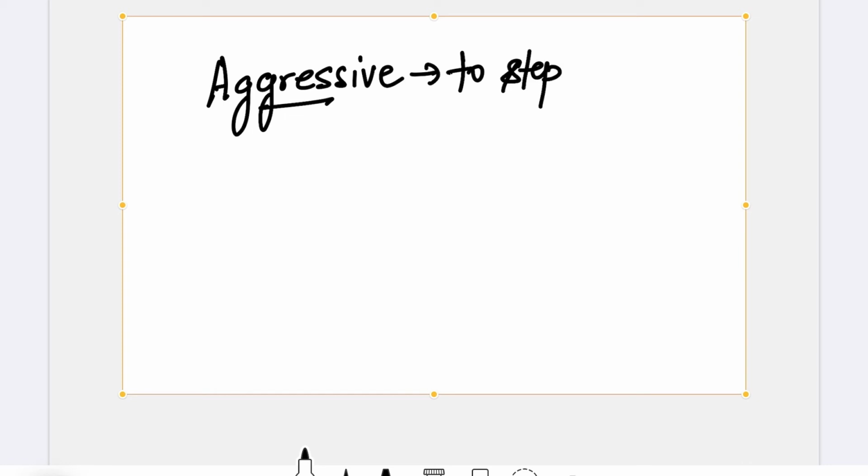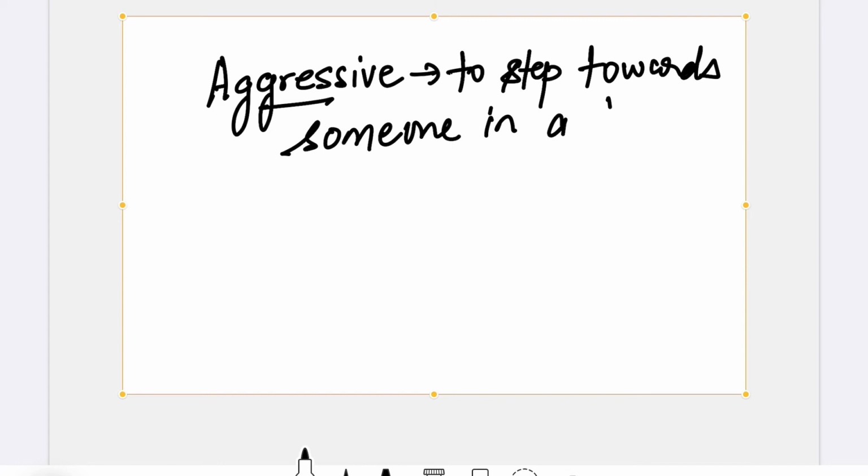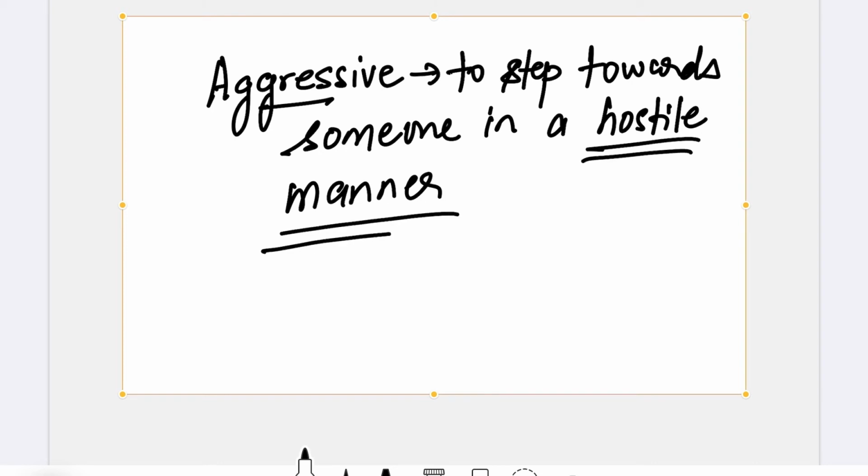Of course, when there is gress, it means you have to step towards something. So when you step towards someone in a hostile manner, remember this, hostile manner, it means you are aggressive, you are showing aggression.